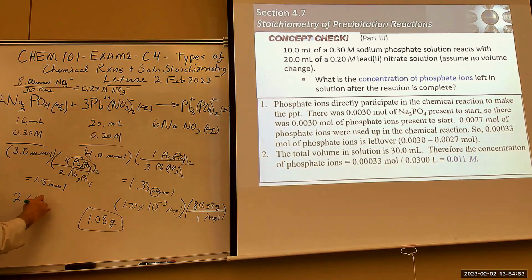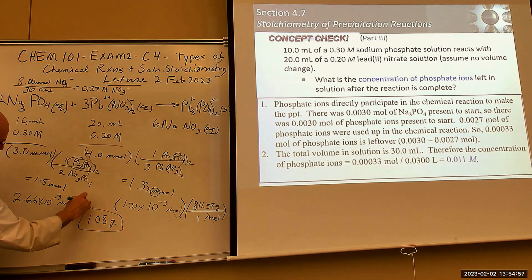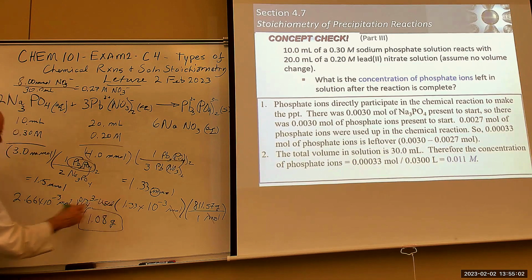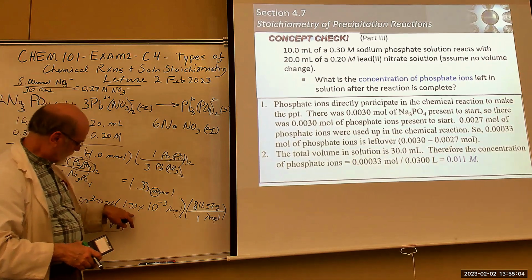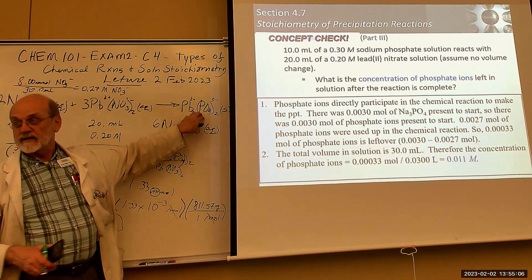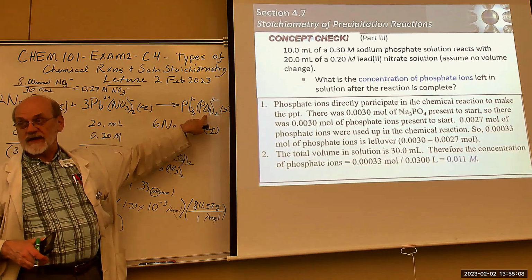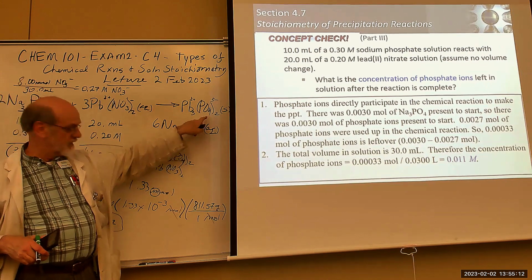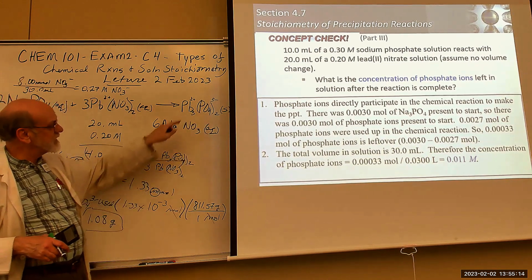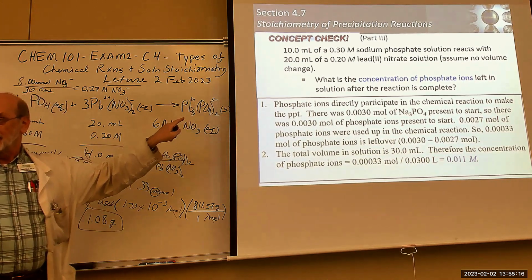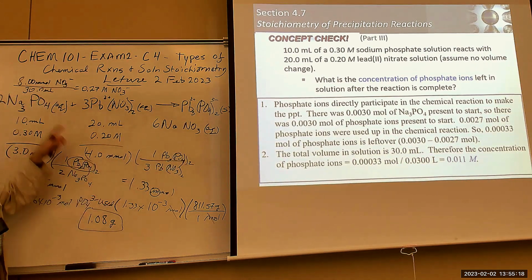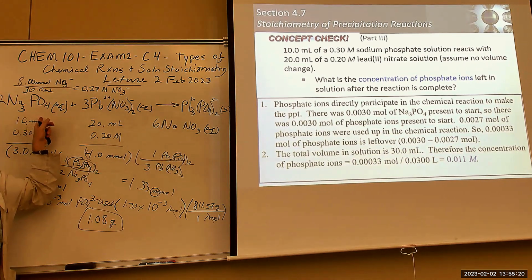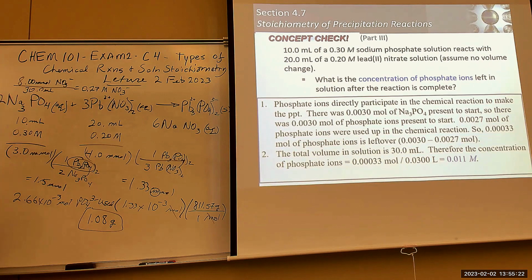Everybody see how I got that? Moles of phosphate used. Right, because this says how many moles of that product, but we got 2 of these ions per each, correct? So 2 times this is how many moles are in that. Where did they come from? They came from over here. So how many moles did we start with?